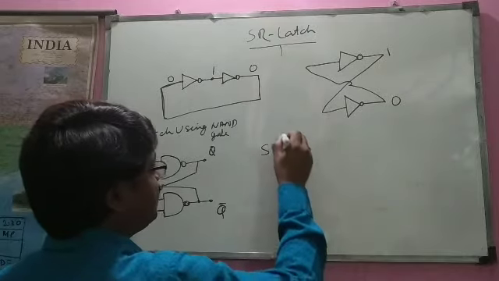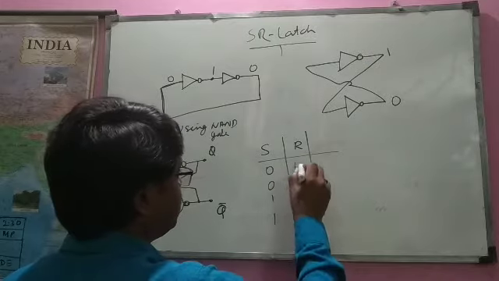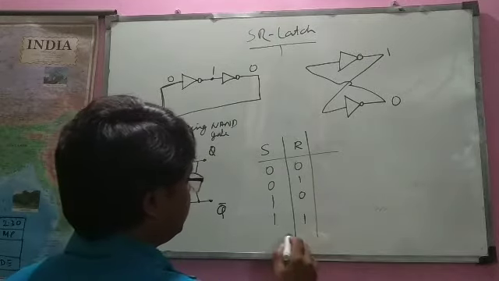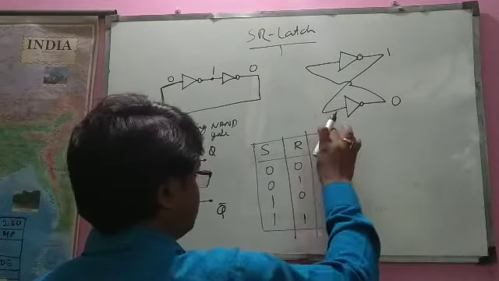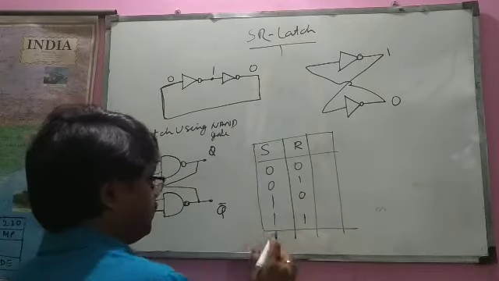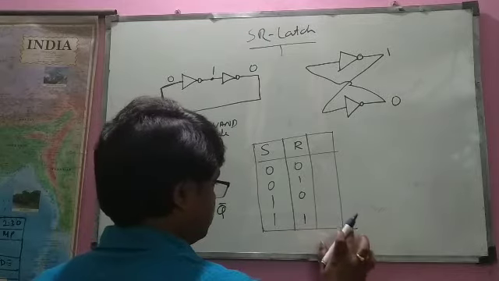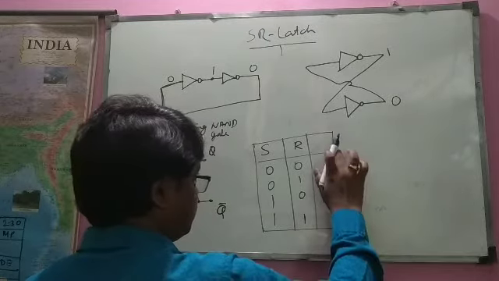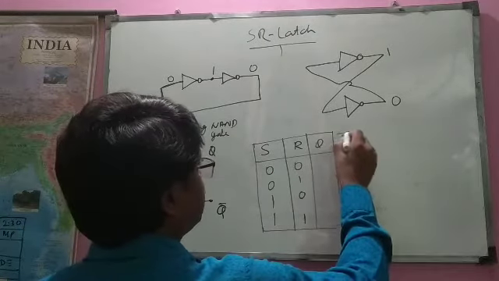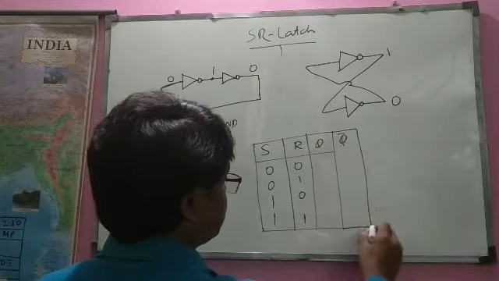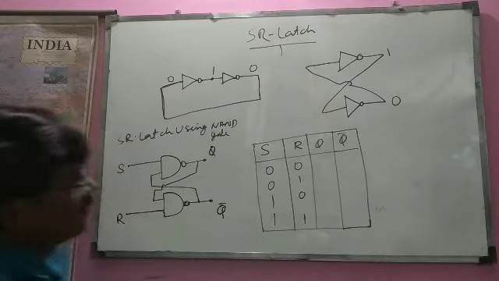So possible inputs will be 0 0, 0 1, 1 0, 1 1. This is Q and this is Q bar.